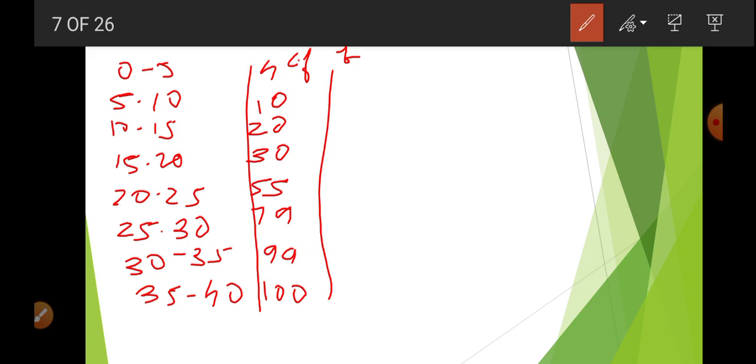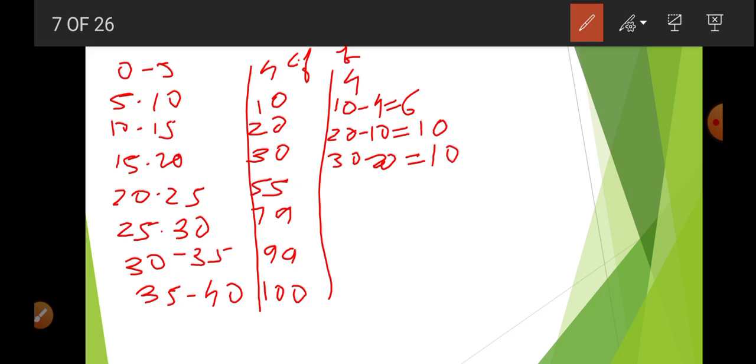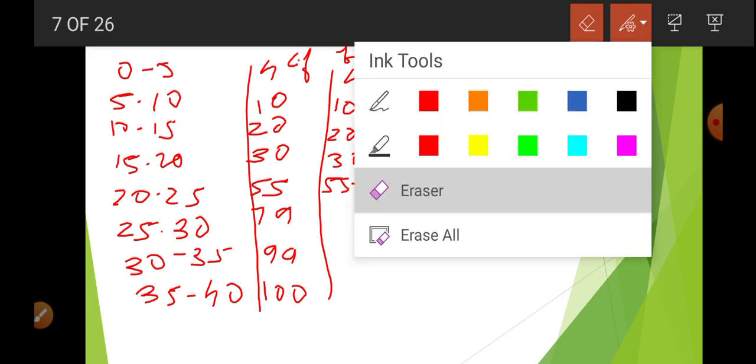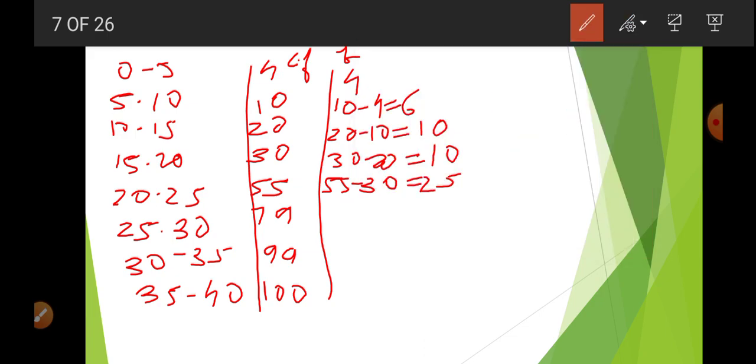That is, first it will be 4, then 10 minus 4, that is 6, 20 minus 10, that means 10, then 30 minus 20, that means 10, then 55 minus 30, so it will be 25.